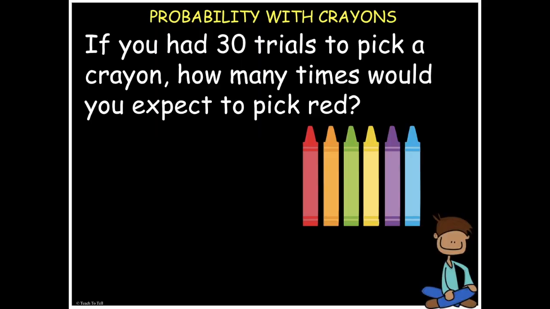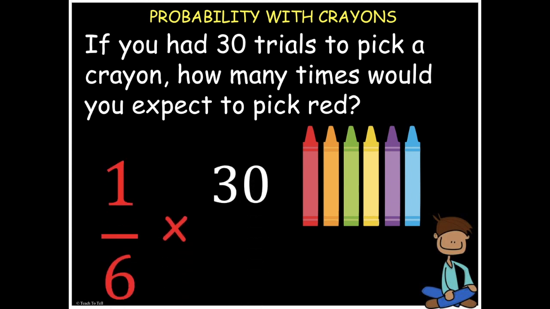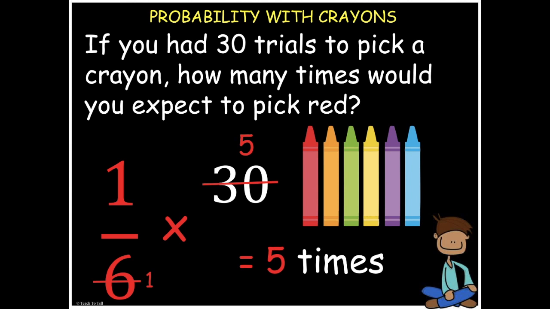If you had 30 trials to pick a crayon, how many times would you expect to pick a red? Our total number of outcomes possible is 6, and 1 out of 6 is our red. And we multiply that by 30. Now we know that 6 goes into 30 5 times, and so we can multiply 1 times 5 is 5.